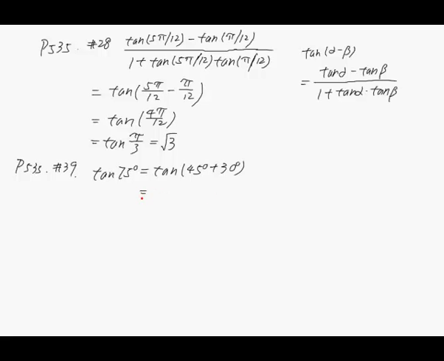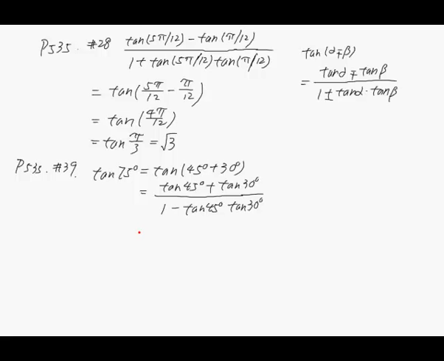Then using the tangent of a sum identity, you have tangent alpha, where alpha is equal to 45 degrees, plus tangent beta, where beta is equal to 30 degrees, over 1 minus tangent 45 degrees times tangent 30 degrees.